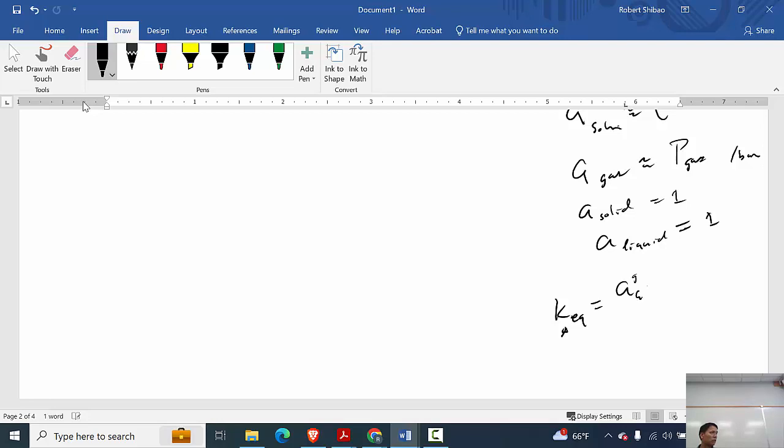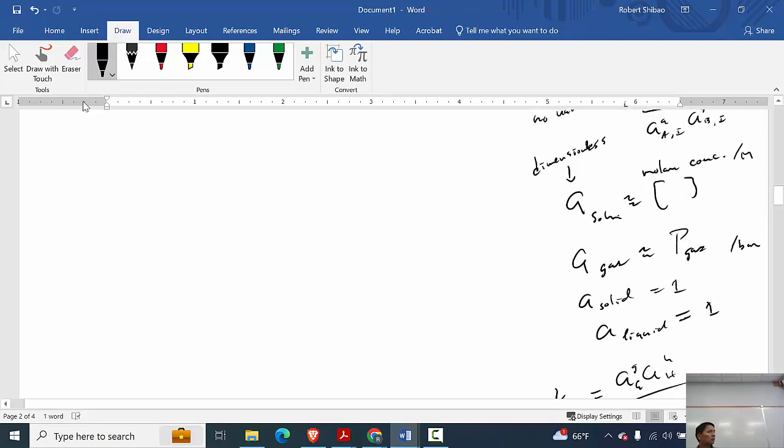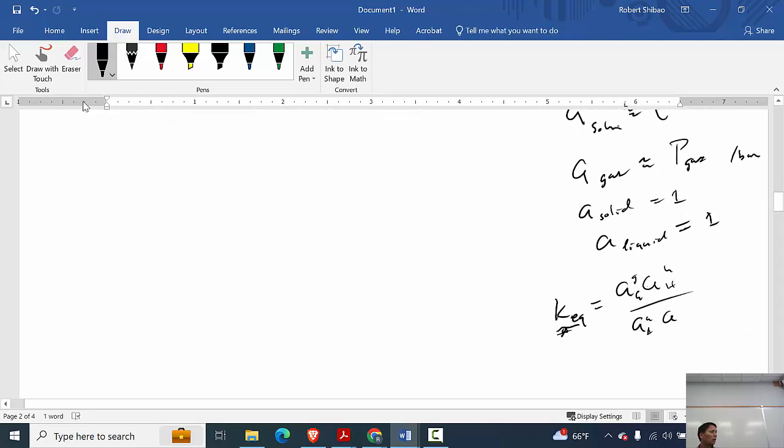So G, G, H, H. Well, it looks exactly the same. What's the difference between K and Q? Well, Q's initial, K is at equilibrium.